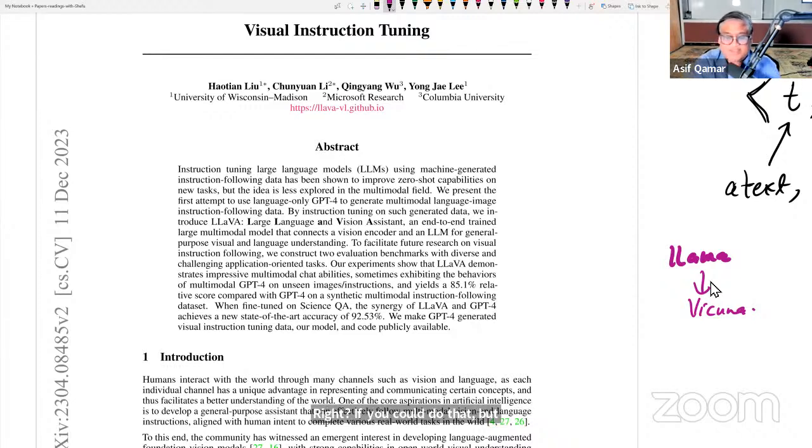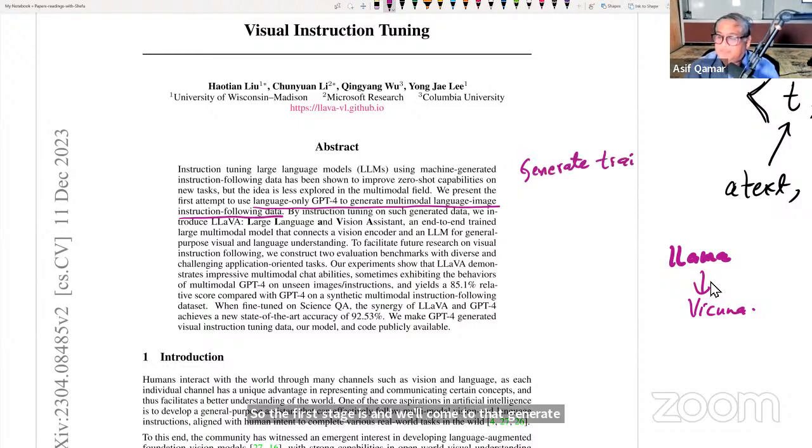So what they say is that they use a language-only GPT to generate that training data. So the first stage, and we'll come to that, is to generate training data. Because here's the thing. On the web there are large websites that will give you image and caption data.